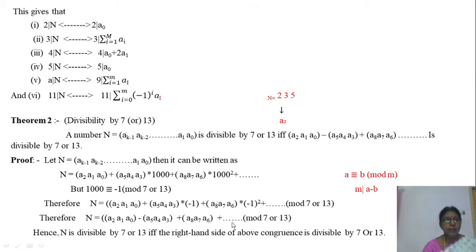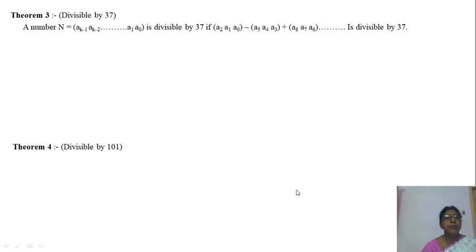So for both 7 or 13 the procedure is the same. Note it as a formula: a number n is divisible by 7 or 13 if this bunch, a2, a1, a0 minus a5, a4, a3 plus a8, a7, a6, is divisible by 7 or 13. This is theorem number 2.